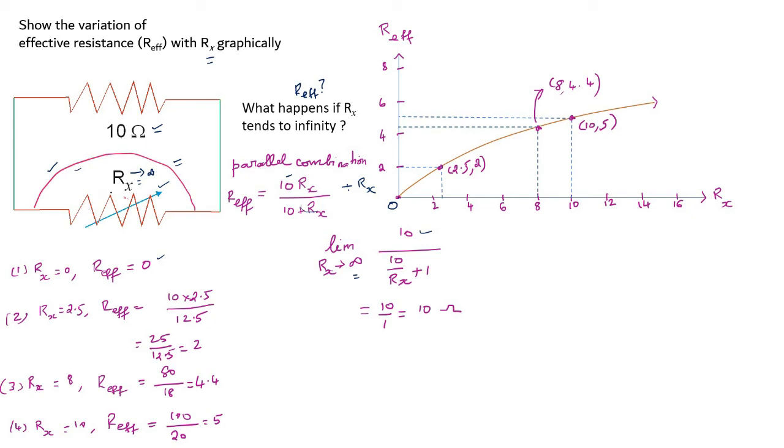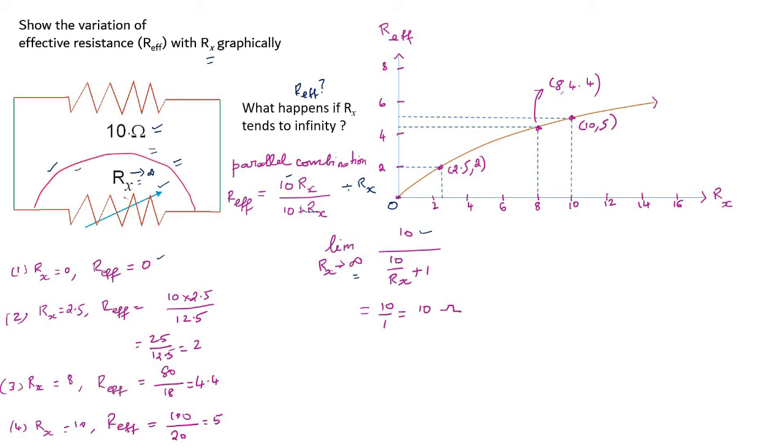It is as if this part is an open circuit, because of very high resistance. So no current will flow through this. It is as if there is an open circuit in this branch. Therefore, effective resistance is 10 ohm.